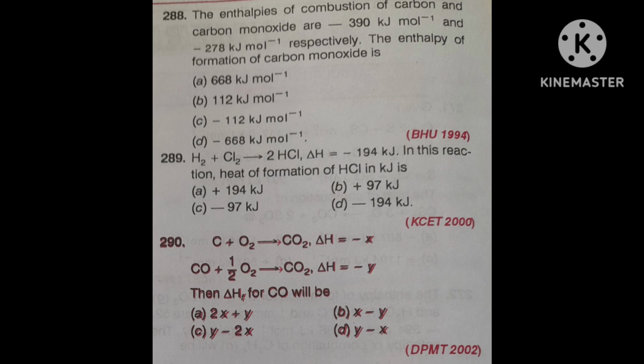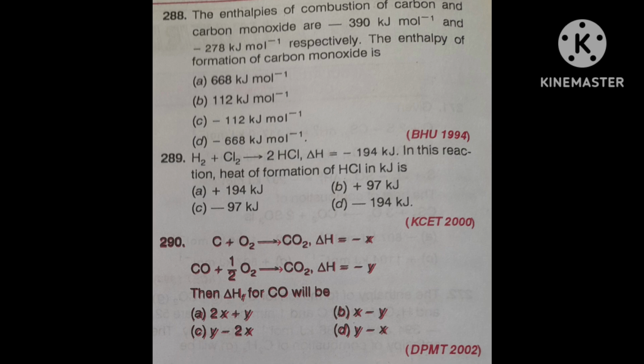First, 668 kilojoule per mole. Second, plus 112 kilojoule per mole. Third, minus 112 kilojoule per mole. Fourth, minus 668 kilojoule per mole. Again I am repeating the options. First option, 668 kilojoule per mole.